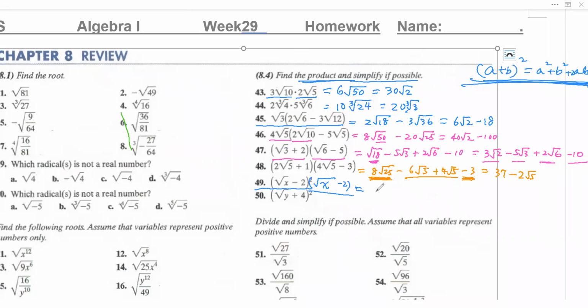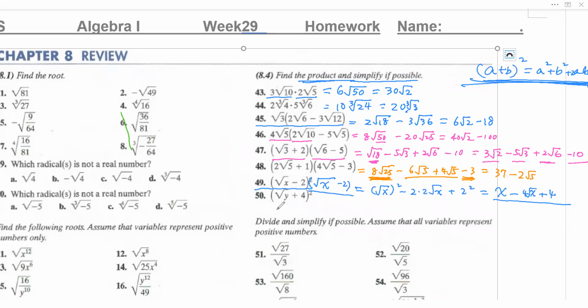So here is the first term squared, minus 2ab, plus the second term squared, right? So we can simplify it. First it became x minus 4x square root x plus 4. So you can find an interesting result, right? We cannot combine further.